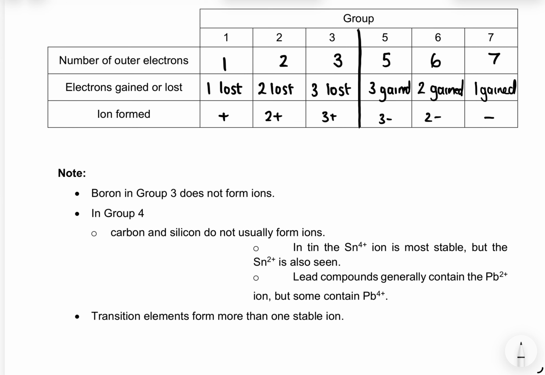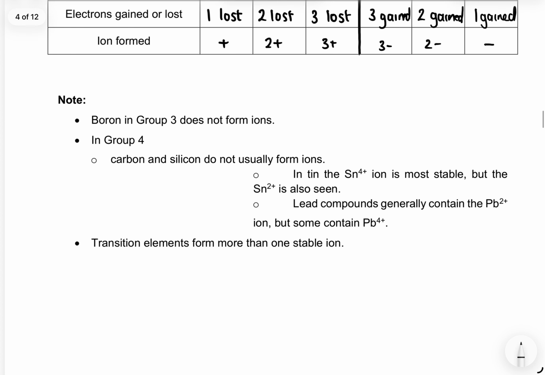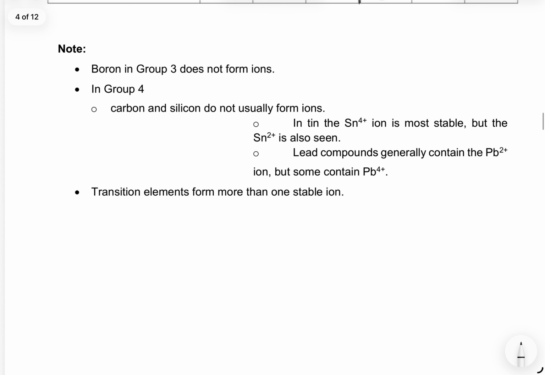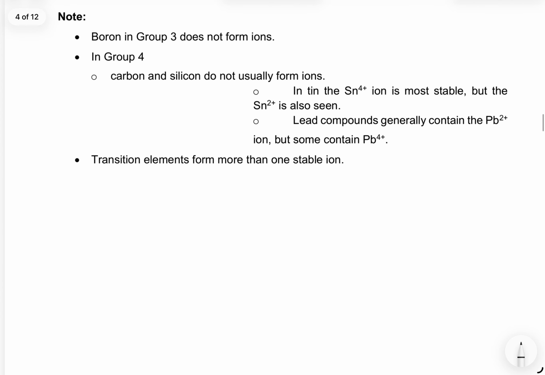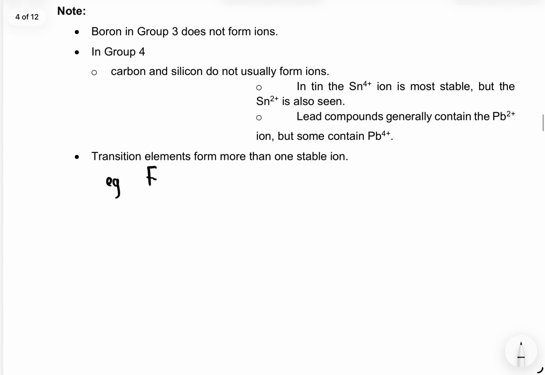Group 4 usually form covalent compounds, but with tin you might see Sn4 plus, and with lead you might see 2 plus and 4 plus. Transition metals have a variety of stable ions, e.g. we could get Fe2 plus and Fe3 plus.